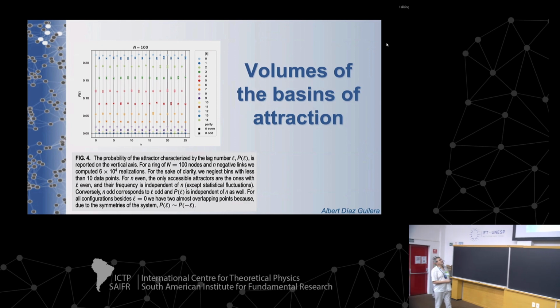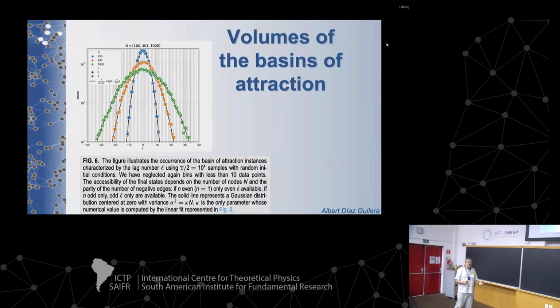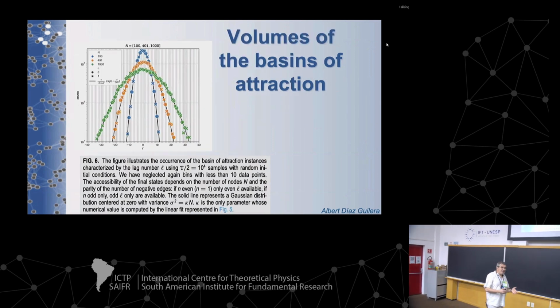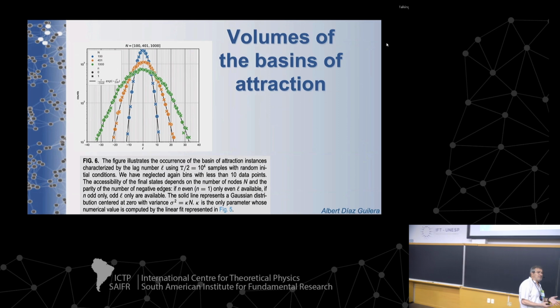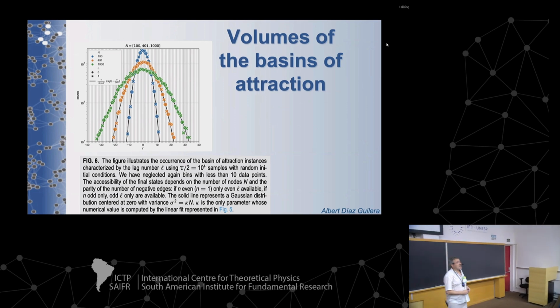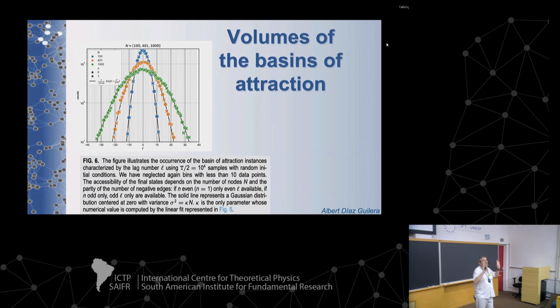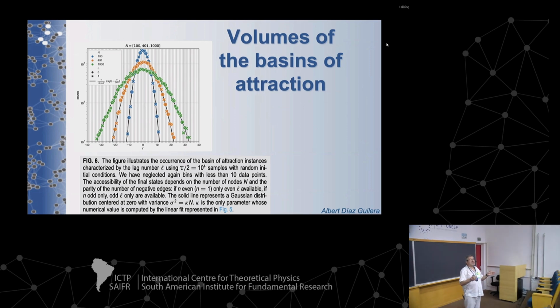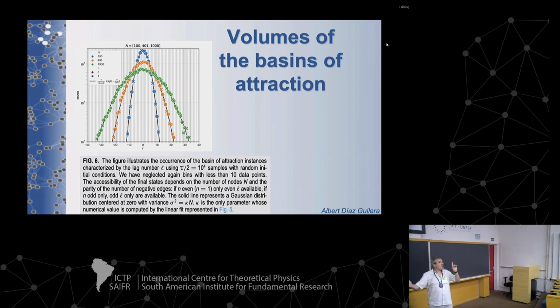What was surprising for us is that you get this very nice distribution of sizes of the basins of attraction, because you have many, many basins of attraction. You can fit it very well to a Gaussian, but be careful with the use of Gaussian, because it's a finite and discrete Gaussian, since you are taking into account only discrete values.